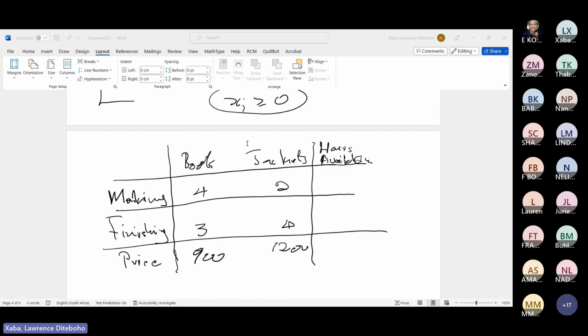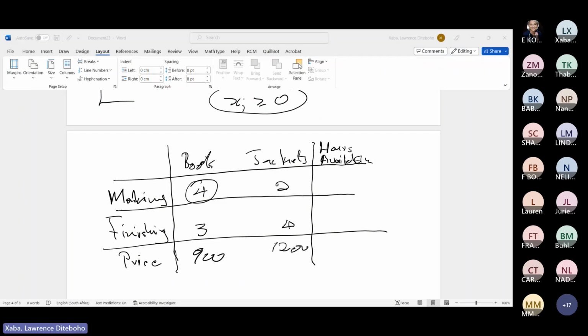It takes 4 hours to make a pair of boots. If we go back to our table, we are saying it takes 4 hours, this is correct, just to make a boot.